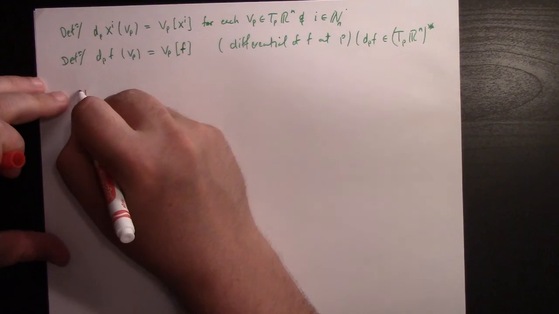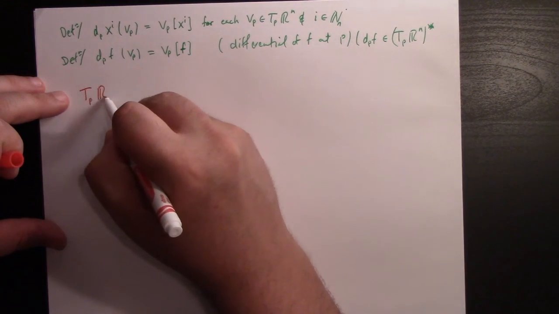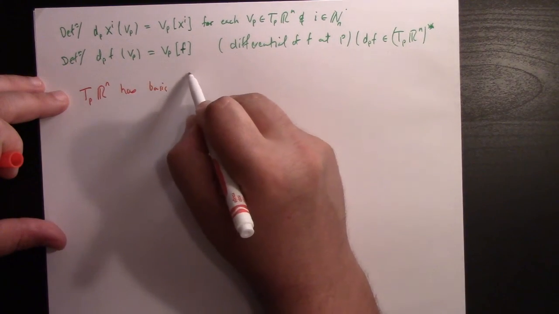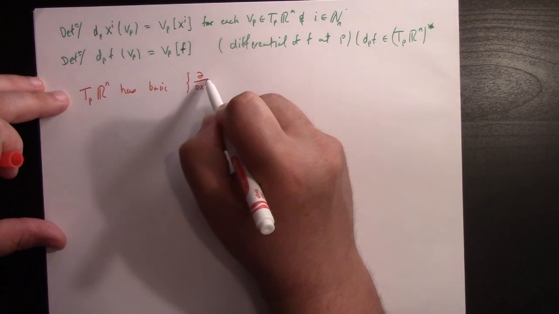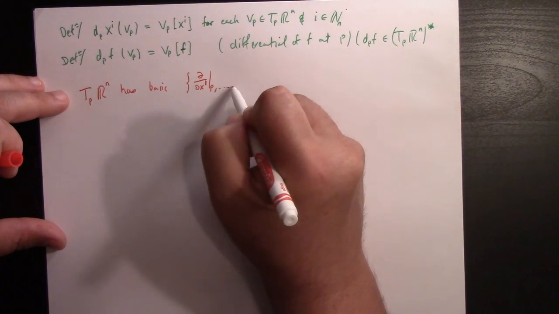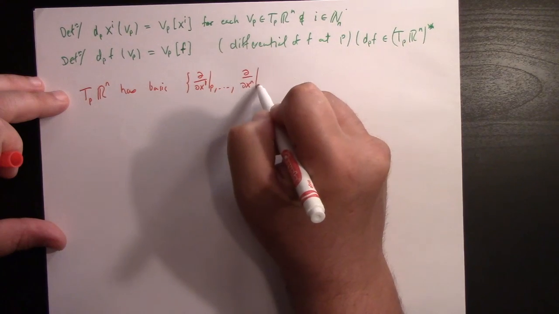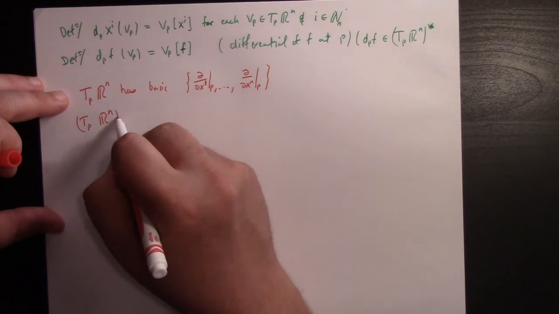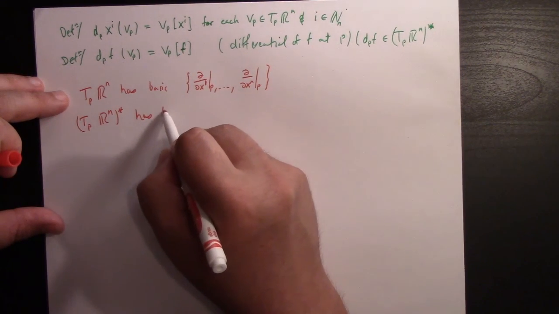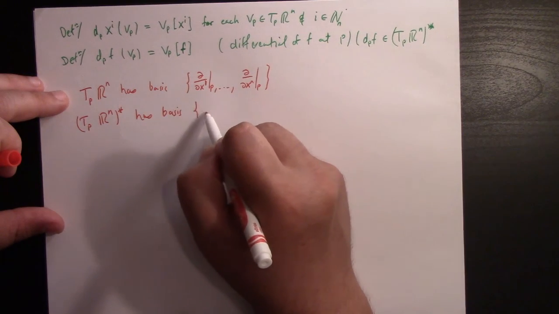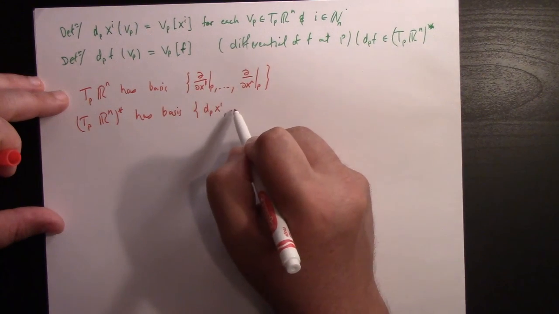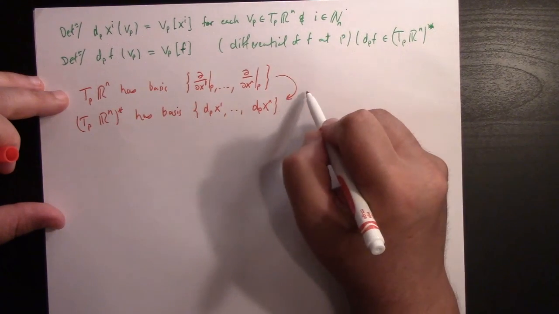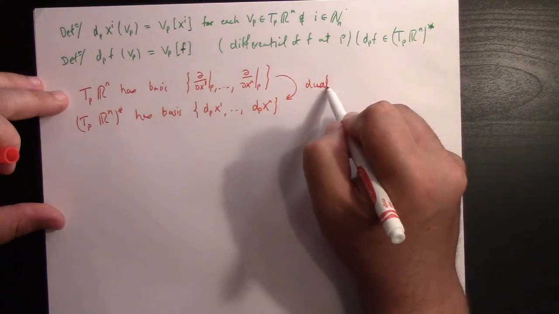The tangent space at p of Rn has a basis, partial x1 at p all the way out to partial xn at p, whereas the cotangent space, so-called TpRn star, has basis dpx1 through dpxn, and this is the dual basis in the usual linear algebraic sense.